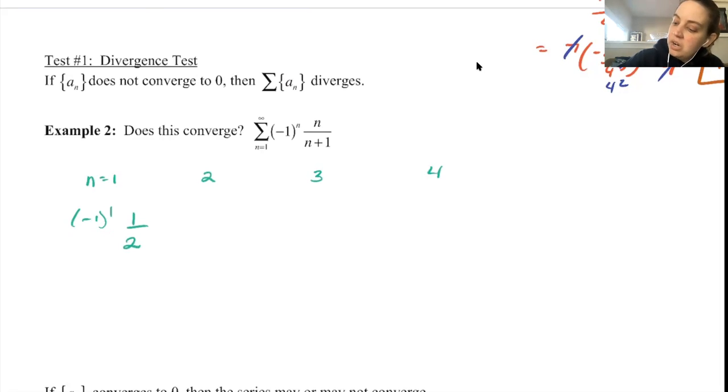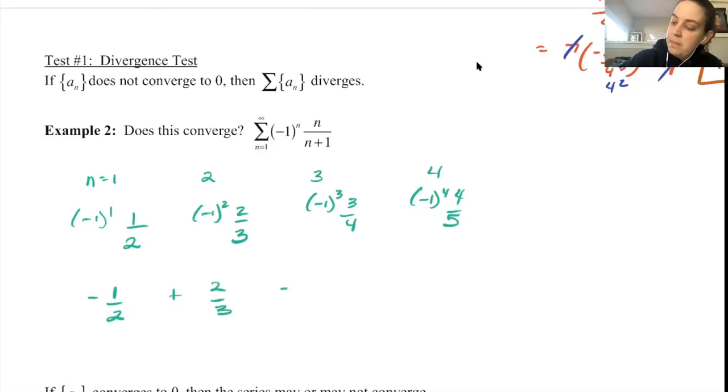My second term would be (-1) squared and 2 over 3, and (-1) cubed and 3 over 4, and (-1) to the 4th and 4 over 5. So this becomes -1/2 plus 2/3 minus 3/4 plus 4/5.